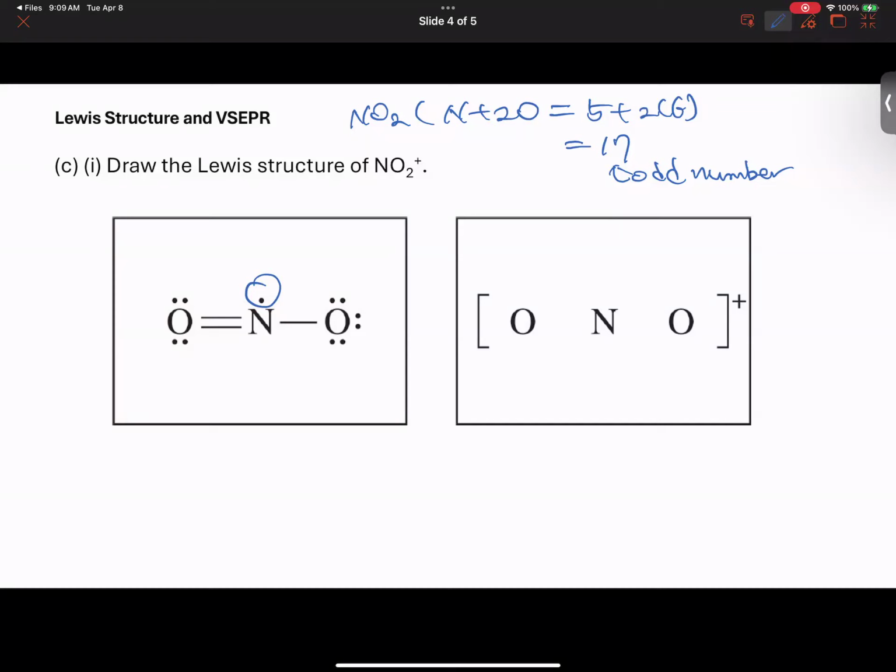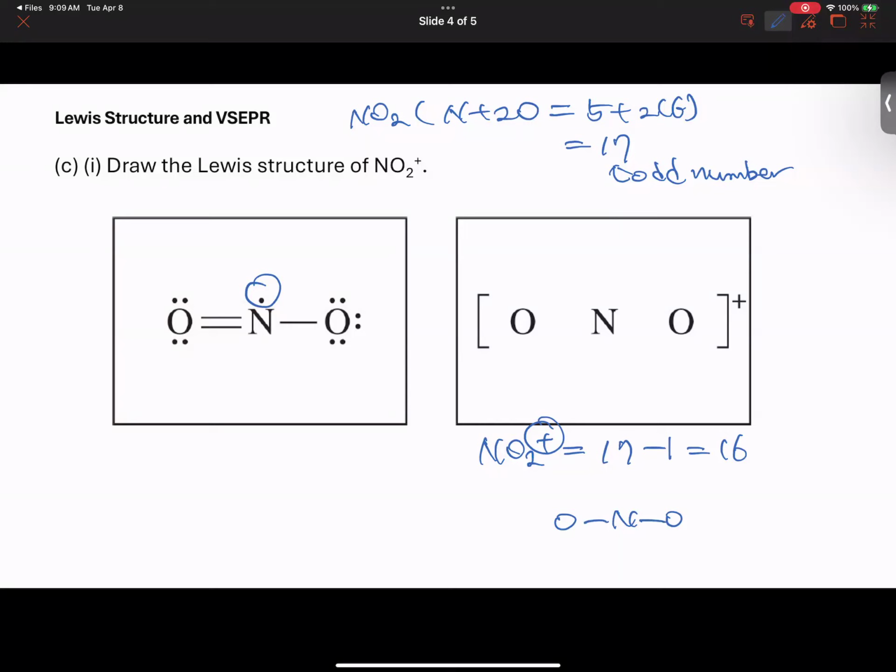Okay, then it's asking us to draw the structure of the nitrogen dioxide cation. So this one is 17 minus 1. It has lost 1 electron. So total 16 valence electrons available. So then nitrogen in the center, oxygen right there symmetrically, and connect them with a single bond.